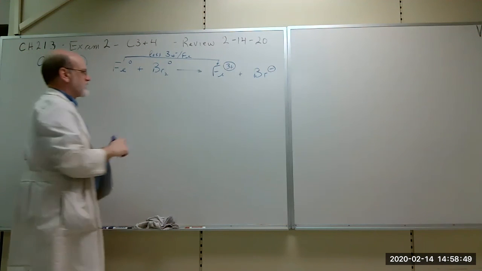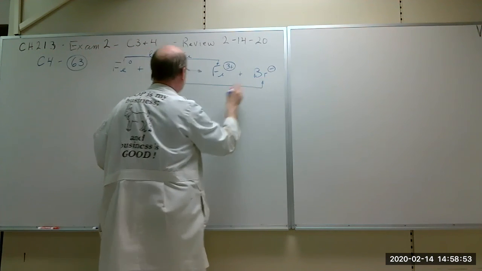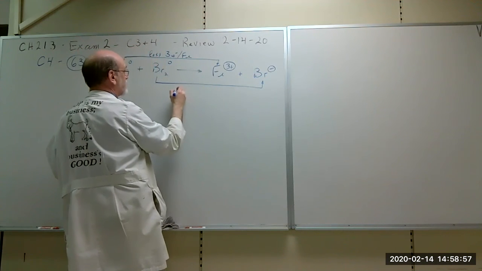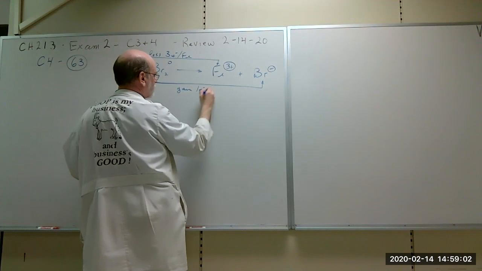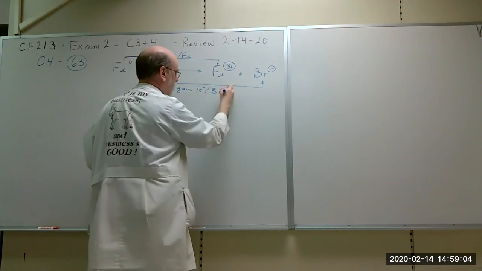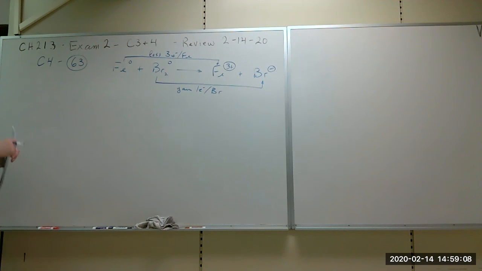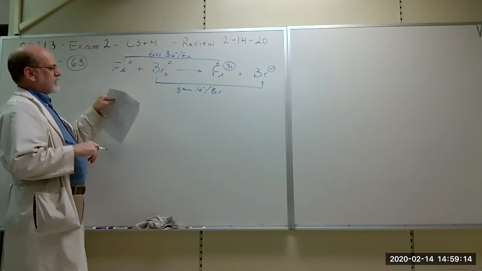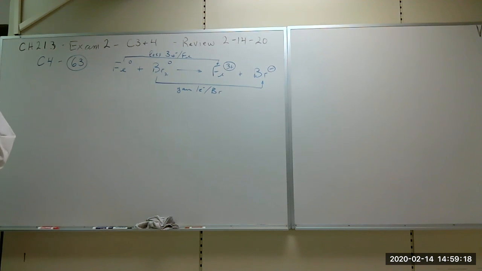So for every loss, there has to be a gain. This bromine went from 0 to -1. That means we had to gain 1 electron per bromine. So let's say that the number of electrons transferred has to balance.